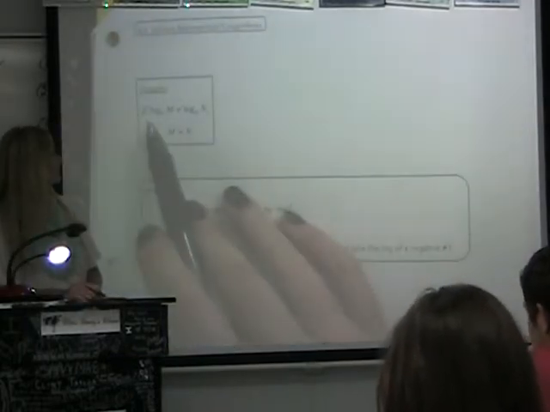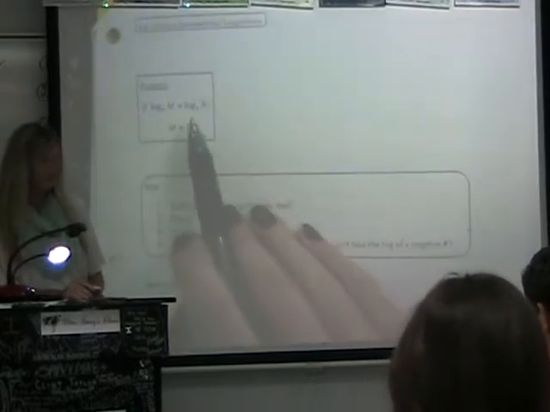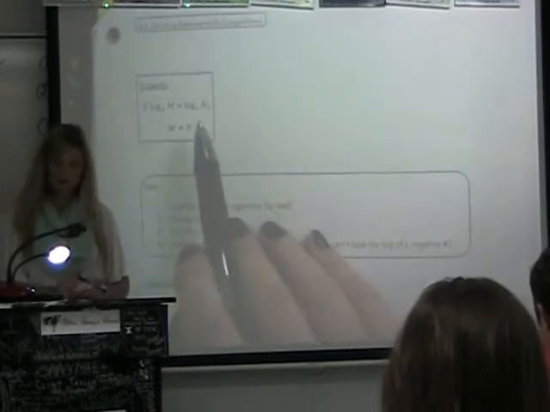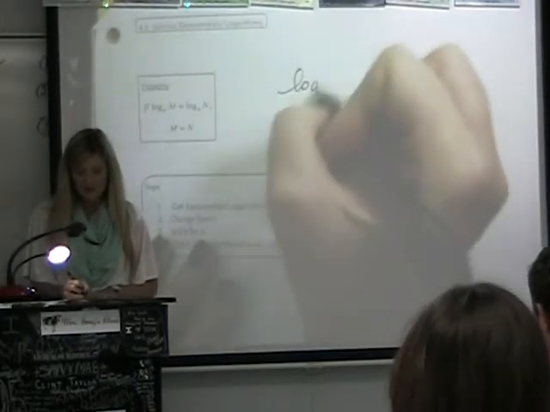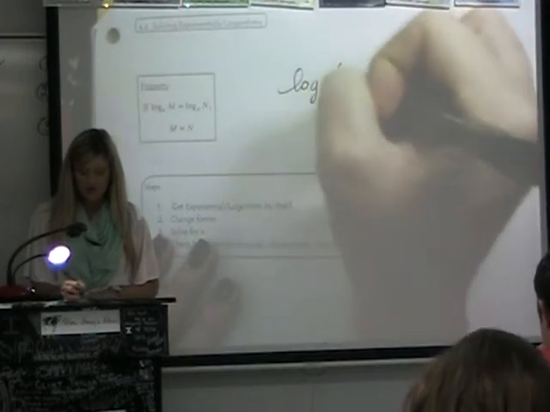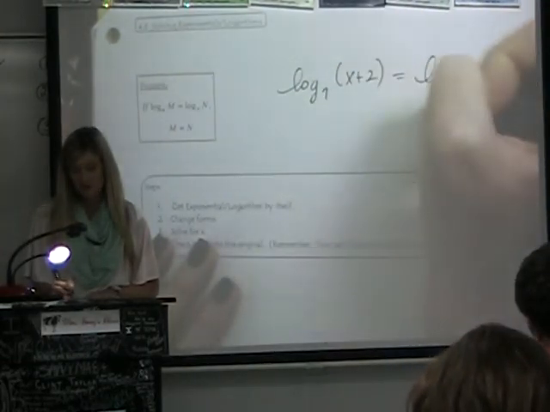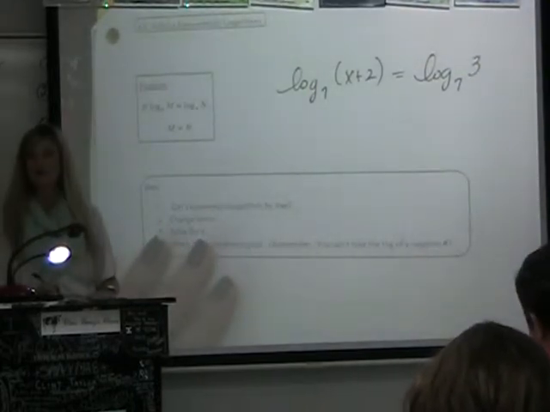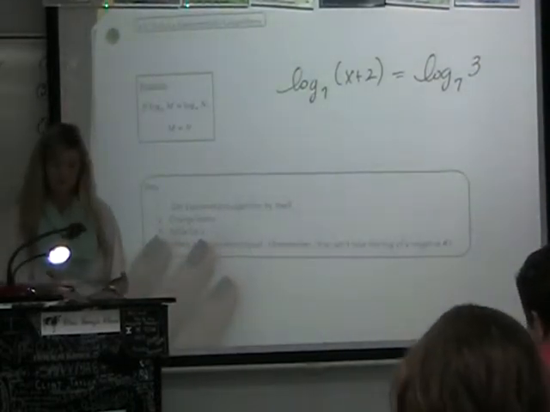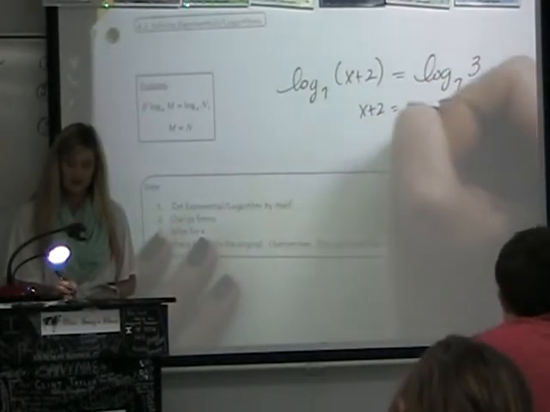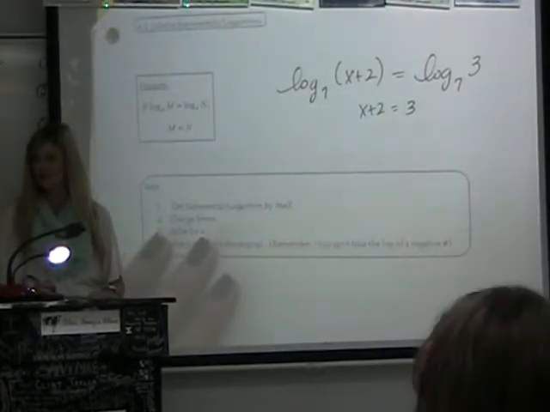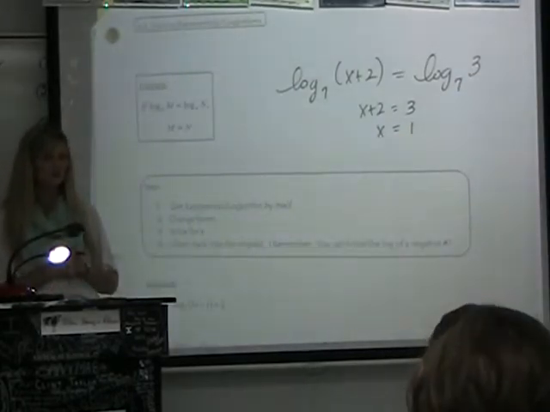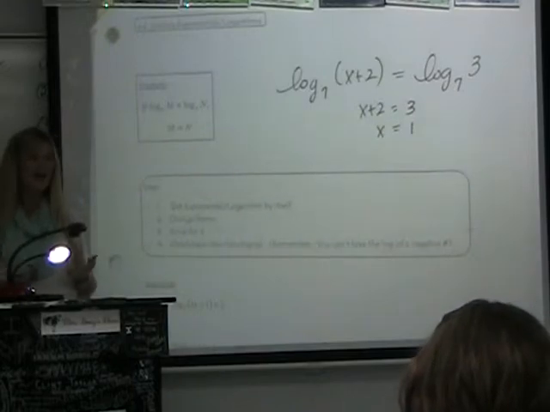It says if log base A of m is equal to log base A of n, then m equals n. In other words, if I know log base 7 of x plus 2 equals log base 7 of 3, this property says what? X plus 2 equals 3, and see how much easier that makes it to solve? You just subtract 2 from both sides and you get x equals 1.